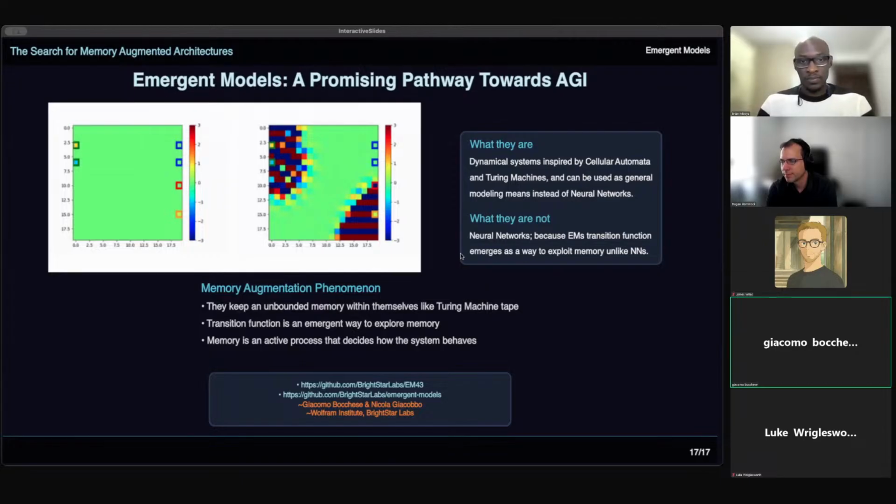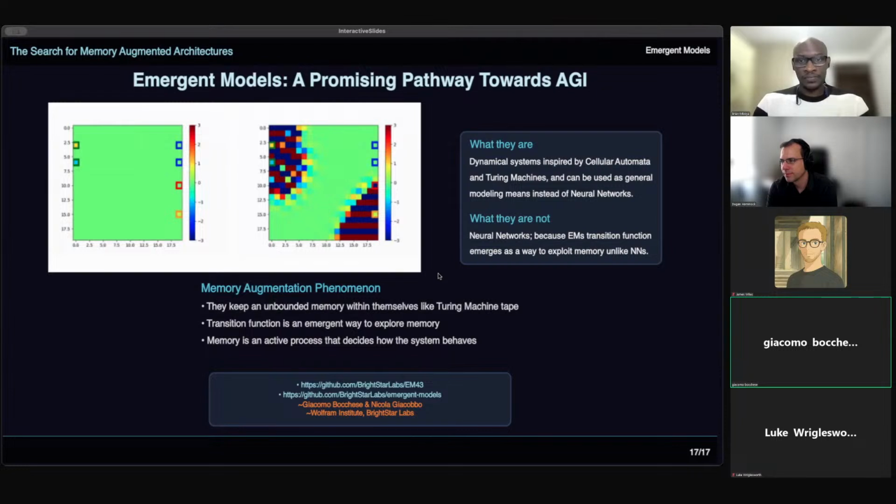And the cool thing about emergent models is that the way they work depends entirely on the initial memory state. By changing this initial memory state, you can tweak the model to represent any possible function if the system is Turing complete, like if you use a Turing complete rule of a cellular automata.